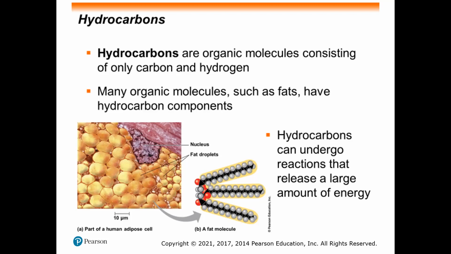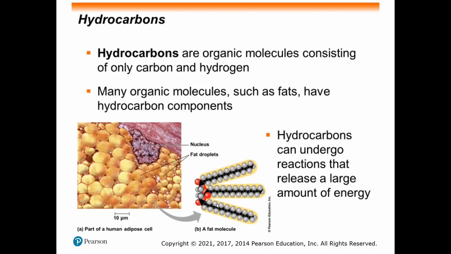A fat molecule consists of a small hydrocarbon component joined to 3 hydrocarbon tails that account for the hydrophobic behavior of fats. The tails can be broken down to provide energy.